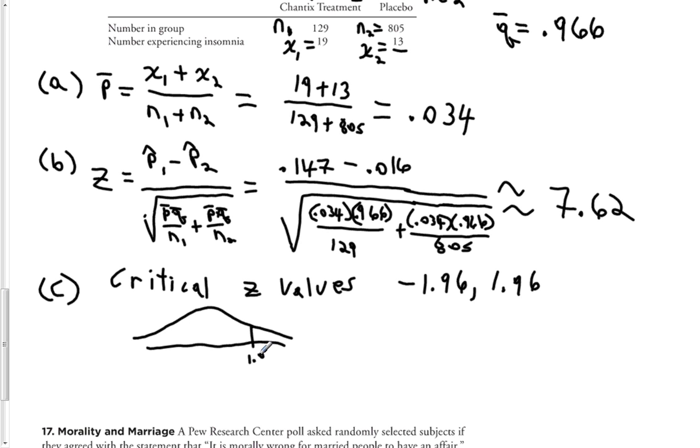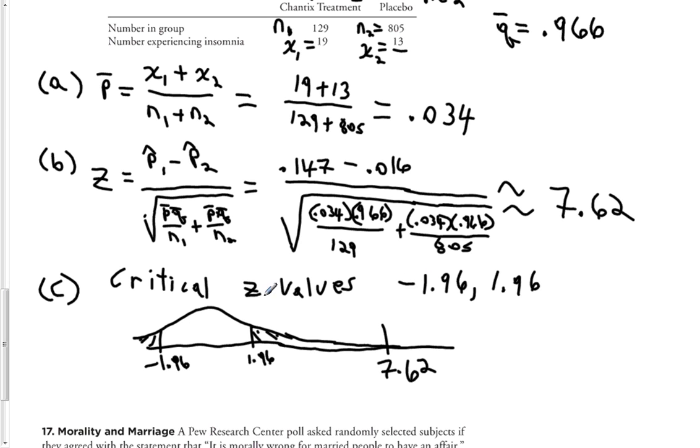The rejection regions are over here on the tails, and our value of 7.62 falls well into the rejection region, way out here at 7.62. So it's extremely large for a value if the null hypothesis is true. So based on the traditional method, we would reject our null hypothesis.